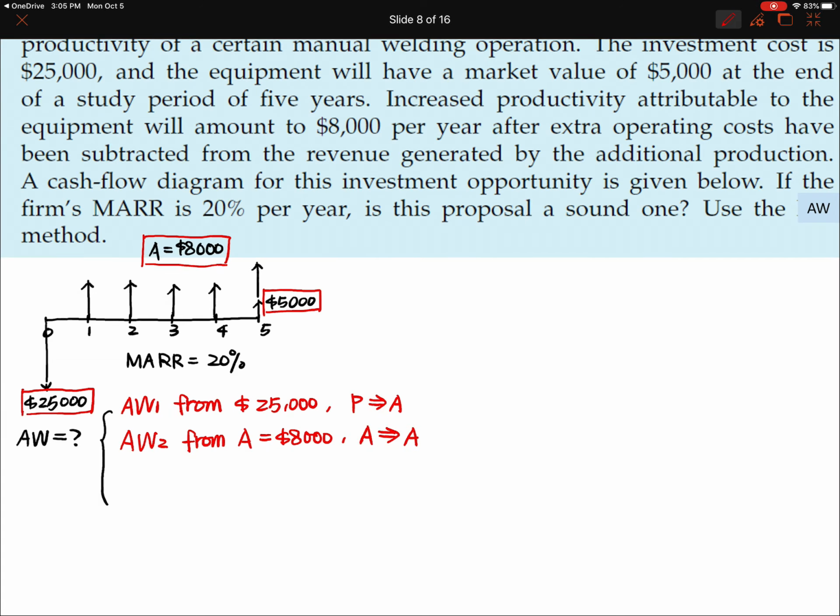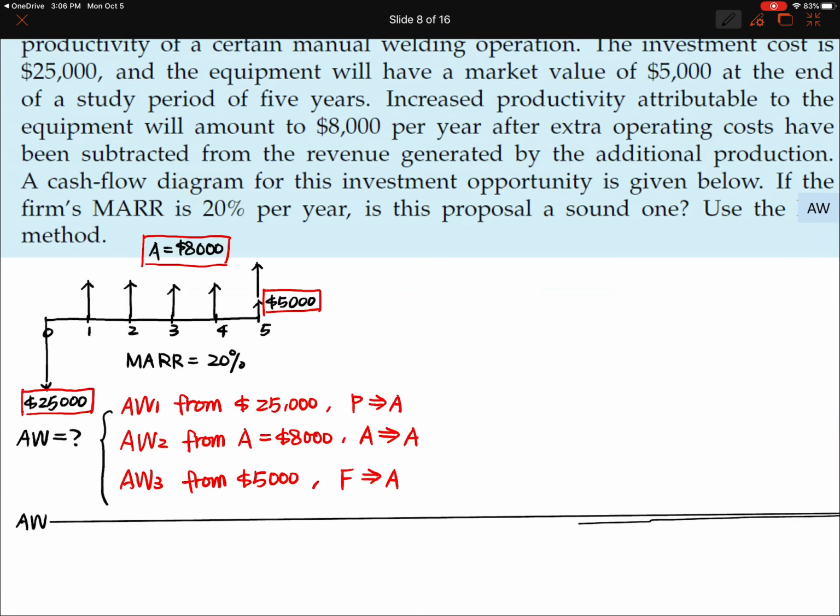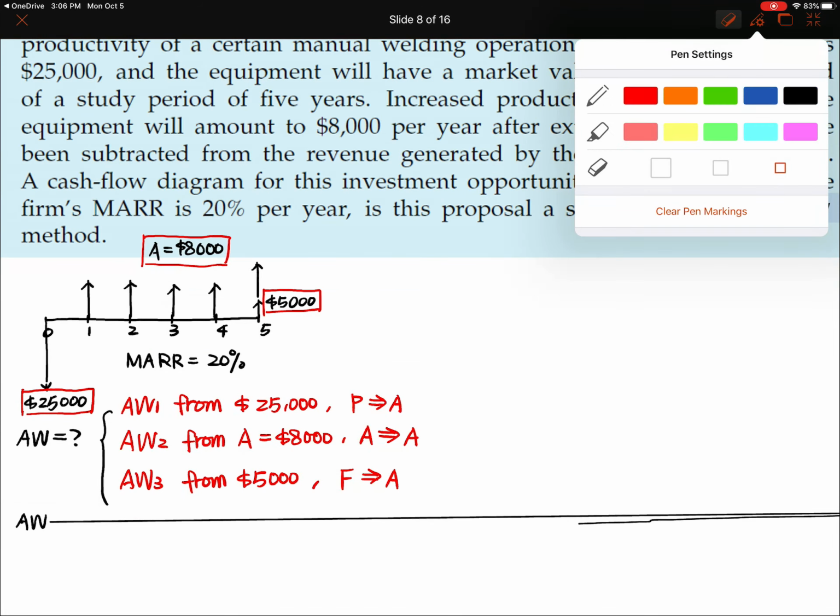AW2 is from the annuities of 8,000, which is already annuities, so you don't have to do a calculation at all. And AW3 is from the 5,000 at a future time, so it is a future value. You want to convert that to annuities.